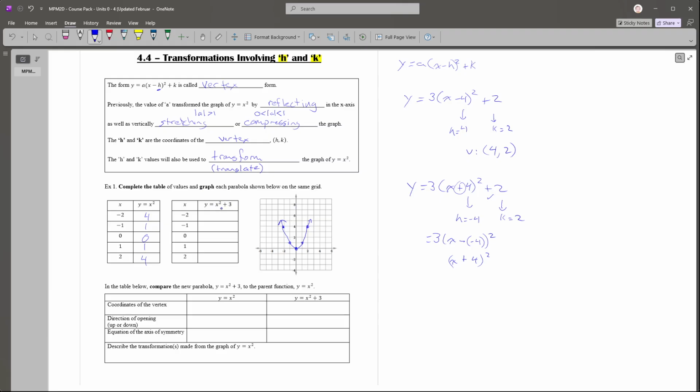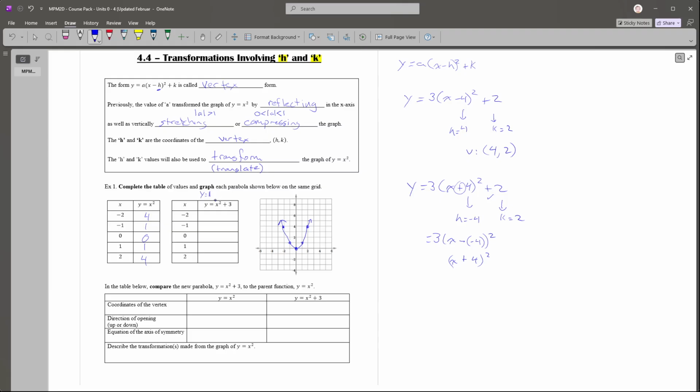Now, let's graph this one. Y is equal to x squared plus 3. You're like, what? What are you talking about, Mr. Lane? How does that fit into this equation up here? Well, let's think about this. The square applies to the entire term inside the brackets. The a is the value outside of the square value, and the k is the value that's being added on here. So what does this actually look like? Well, this means that we have an a value of 1, because there's just a 1 sitting in front of there.